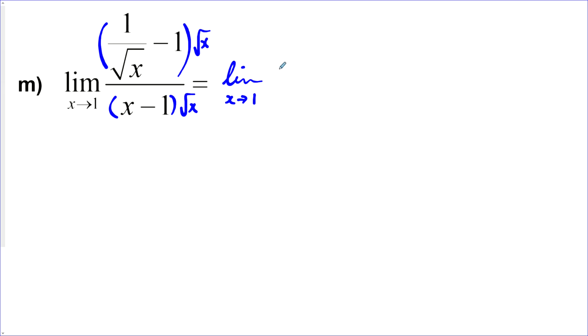In here I got 1 minus root x, and in the denominator I do not multiply these in. I want to keep this as factored as possible. Now I'm looking at this limit as x approaches 1. And this could be a factor of this if I just do some tricks here.